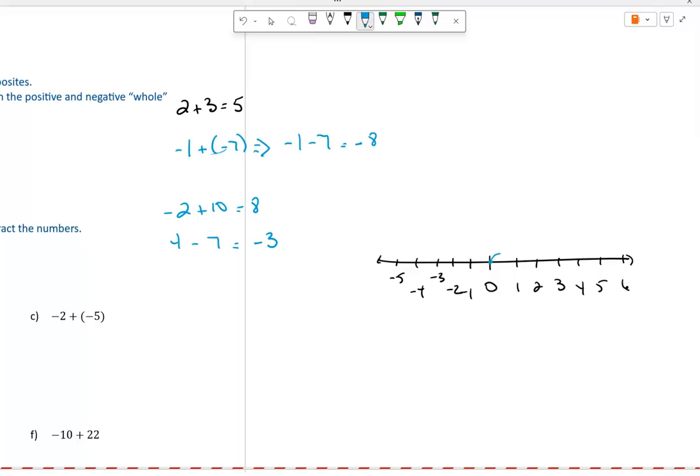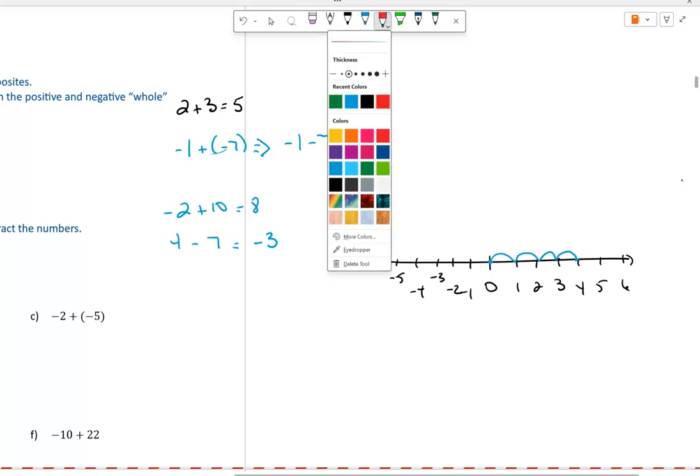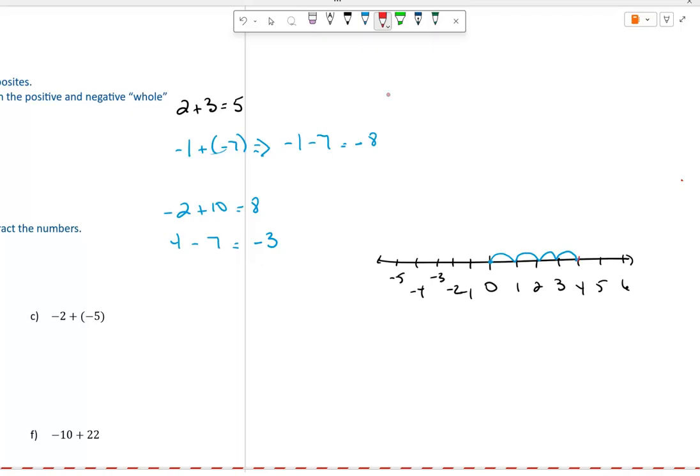I'm going to go 4 in the positive direction because plus and minus are pretty much a direction, and that's all they are, right? So now I'm at 4, but then I have to go 7 in the negative direction. So let's change to red for that one. So I'd have 1, 2, 3, 4, 5, 6, 7. So that puts me at -3. Just another way of looking at it.